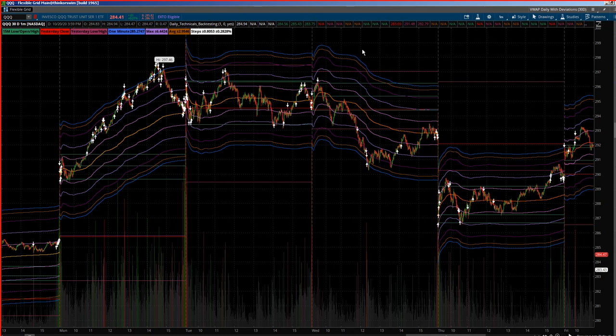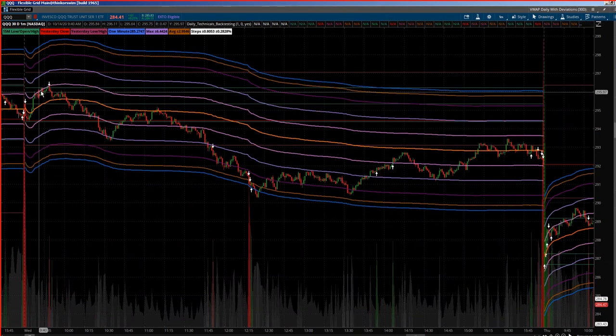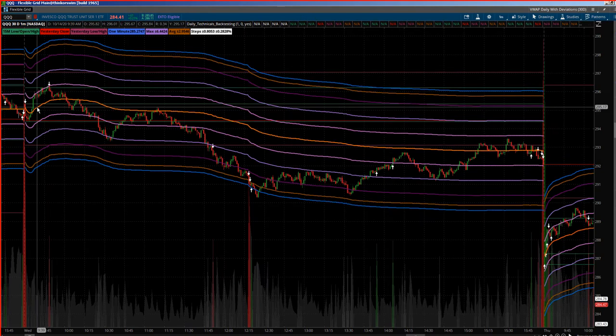Let's take this day for example, just a random day. You see over here at the open, the VWAP moves up and the band moves up. In this case, the VWAP is orange. When I did backtesting, I had different colors for the VWAPs.